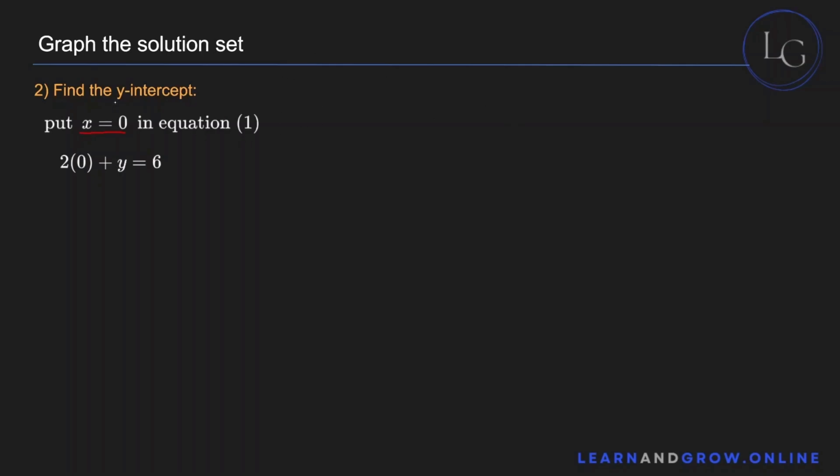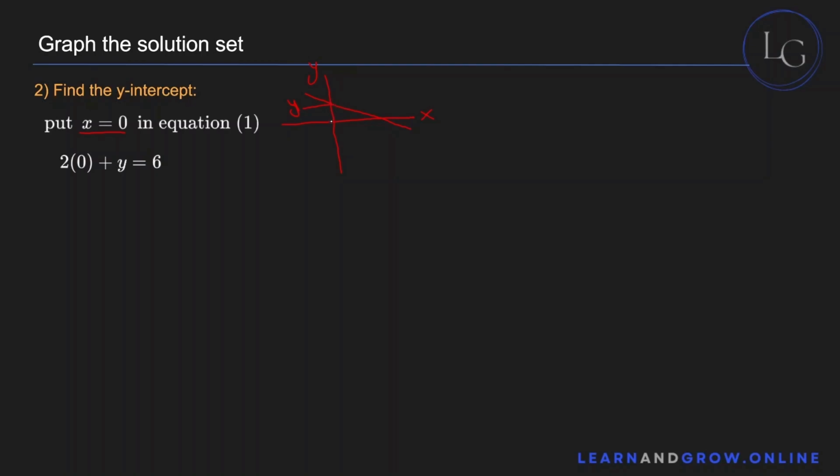Because you have this, say, xy plane, right? So this is the x-axis and this is the y-axis. So for example, if you have this particular line over here, this is the y-axis. Now you have a value for y, definitely, but what is the value of x over here?